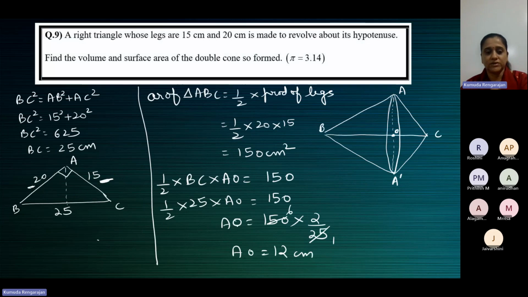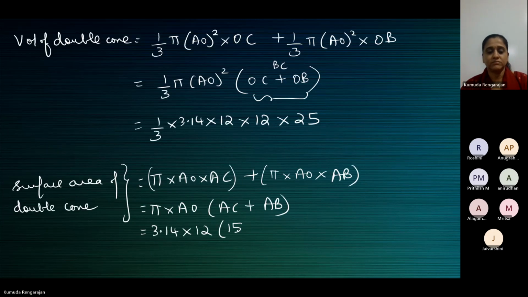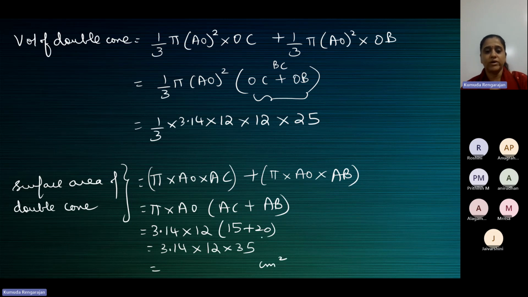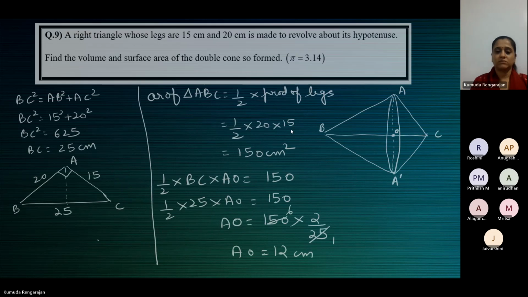So this is 3.14 into 12 into 35. You find that in centimeter square.